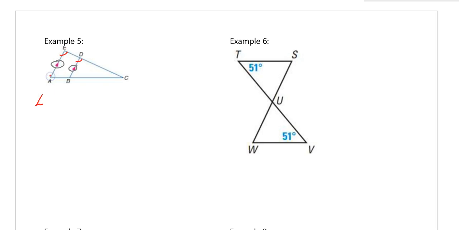So, angle AEC and BDC. Then I have my other set. Our corresponding angles always come in that pair. So angle EAC is congruent to angle DBC.